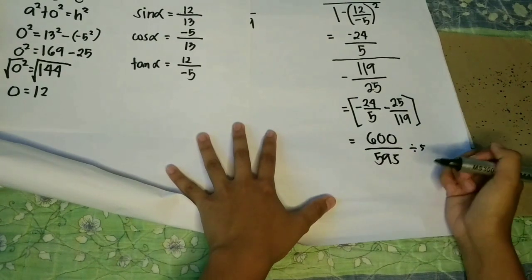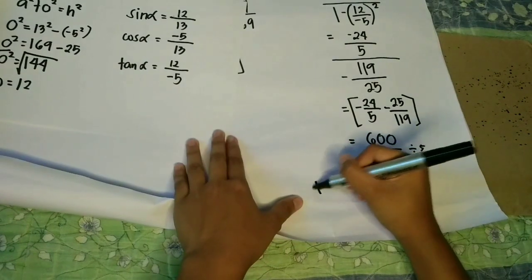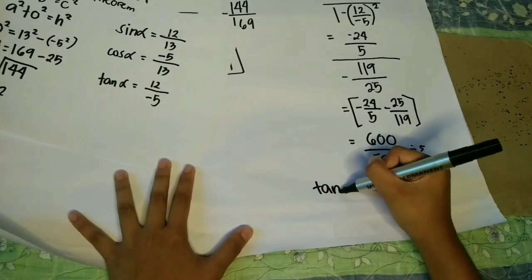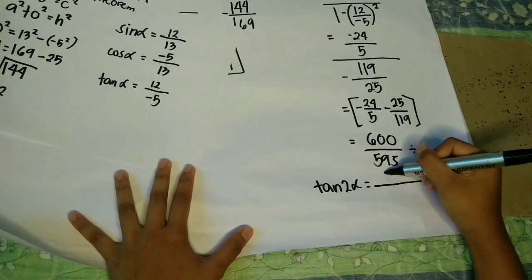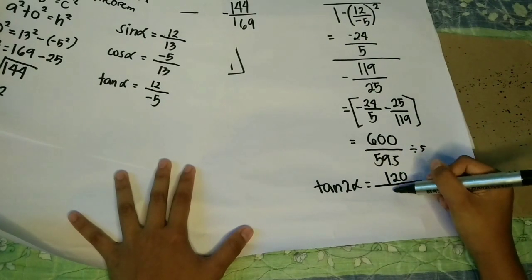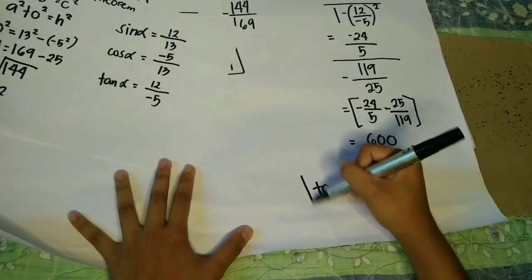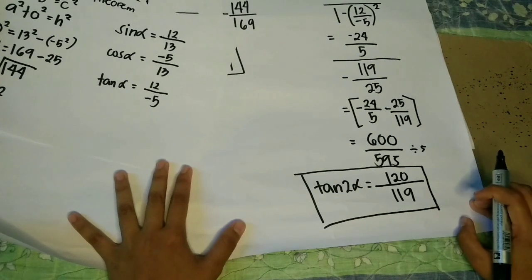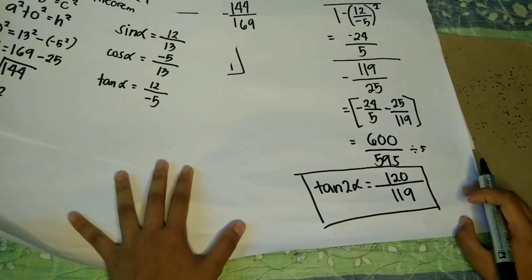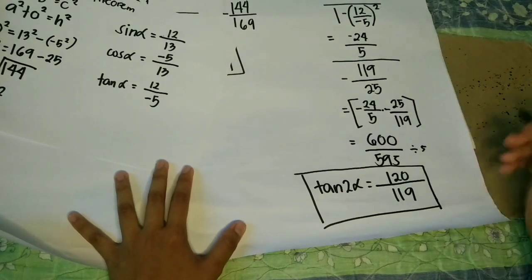So it is divisible by 5, so we will divide by 5. So tangent 2 alpha is equal to 600 divided by 5, which is equal to 120, then 595 divided by 5 is equal to 119.